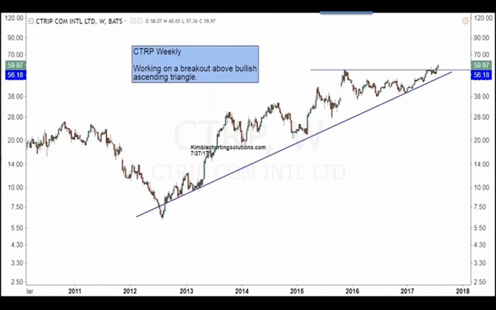A couple of others we're going to go through of ascending triangle patterns that we're sharing with some people. This is CTERP on a weekly basis. You can see that it's trying to make a fresh breakout in the upper right. One of the things we're going to do today, and Rick's going to talk about in a little bit, is that I have more ascending triangle patterns than I can share with you today, more than was possible to fit into today's webinar.